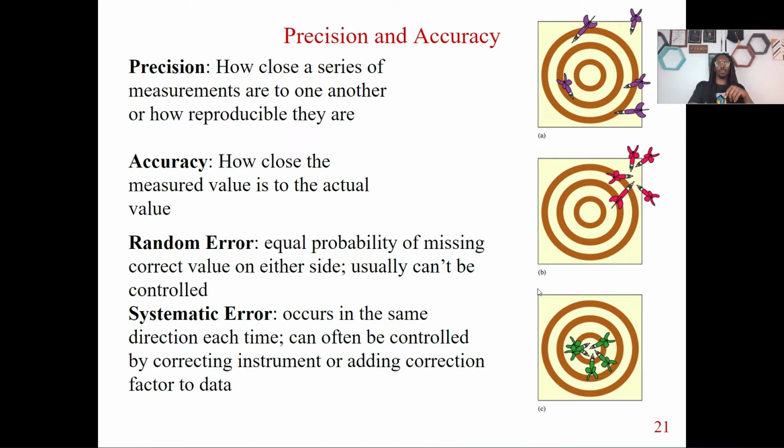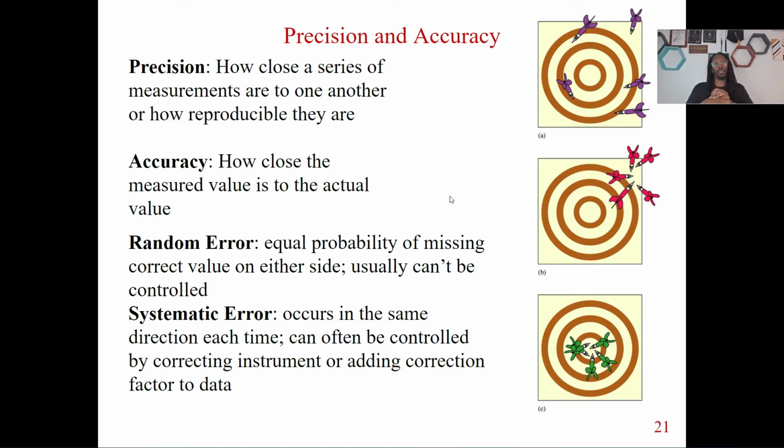Now, we're going to talk about some errors here real fast. There are two types of errors when it comes to precision and accuracy, or just anything in lab. We have random error. Random error is the equal probability of missing the correct value on either side. Usually this is not controlled.